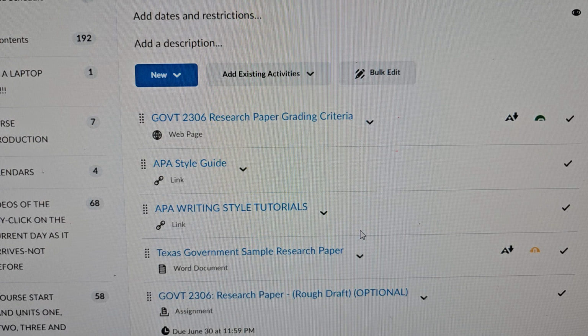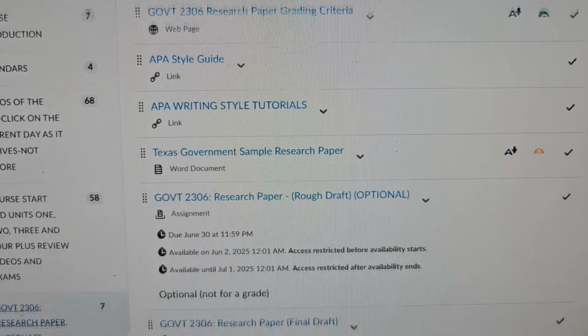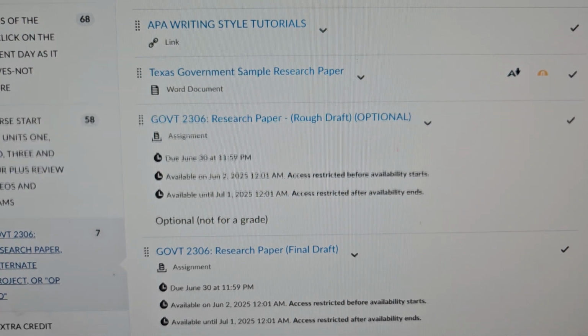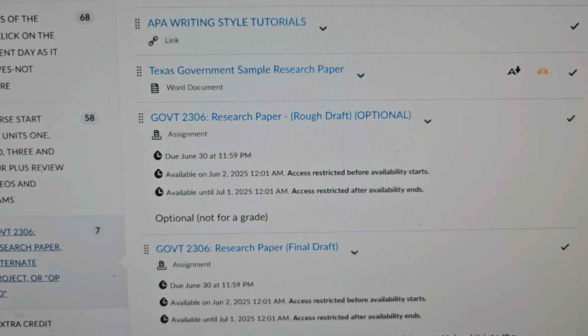You can do a research paper, or you can do some alternate project, like some students have taken a trip out to the San Jacinto Monument, or to the Buffalo Soldiers Museum, or something like that, and written a little paper on that, and that serves. Or you can do a formal research paper, or you can do some alternate project and write about that, and then you don't have to do the research paper.